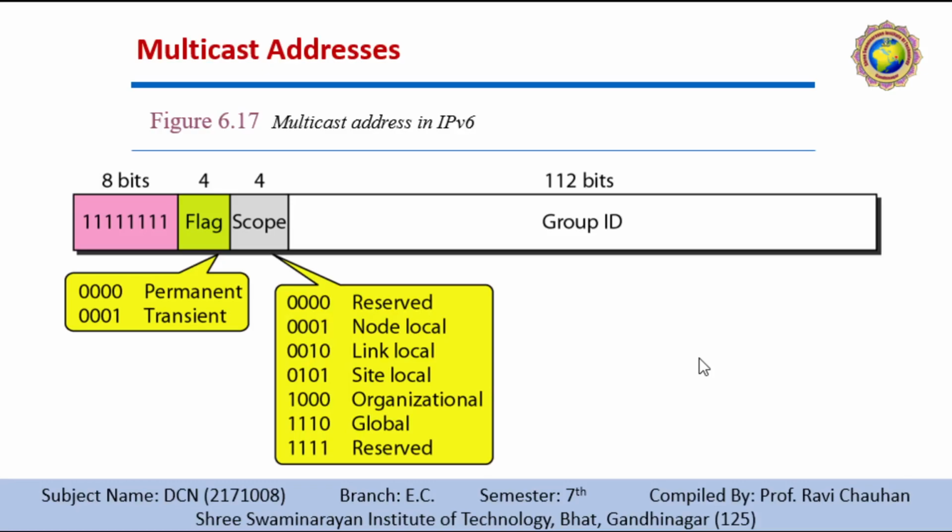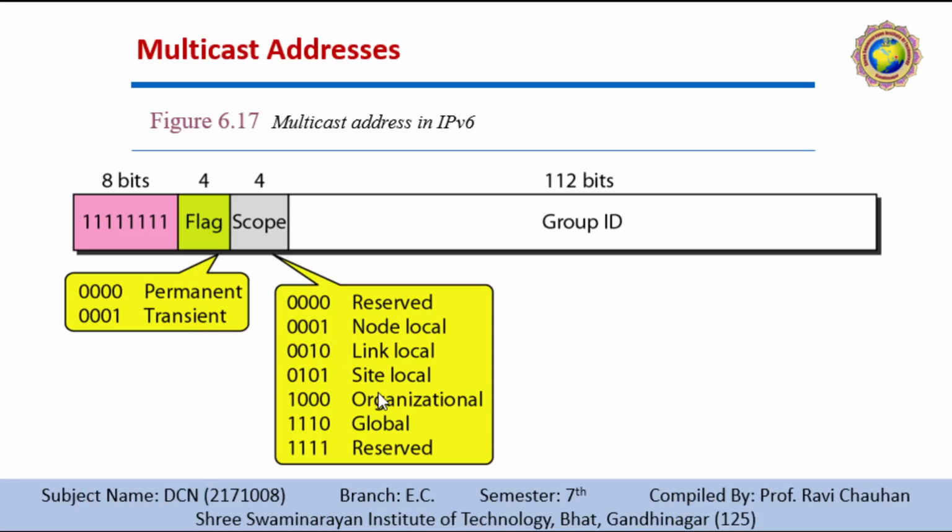The second field is a flag that defines the group address as either permanent or transient. A permanent group is defined by the internet authorities and can be accessed at all times.